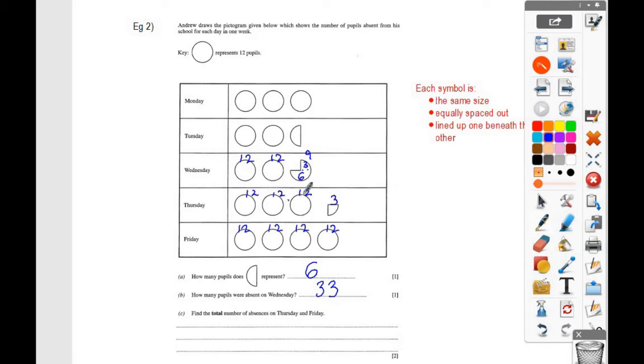You can write what each symbol represents on the diagram above, or write them in the space below, or you could just count up the number of symbols that are for 12, which is 1, 2, 3, 4, 5, 6, 7. So we've got 7 lots of 12, and we've got that extra 3. 12 sevens are 84, and 3 is 87. 87 absences in total on Thursday and Friday.